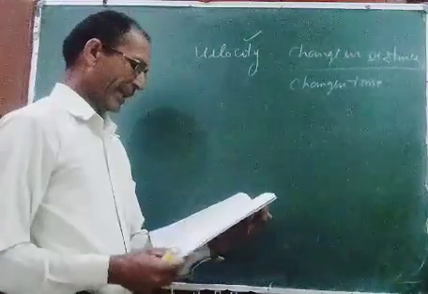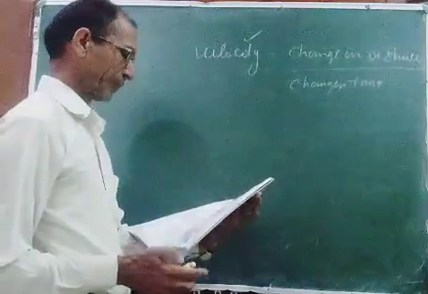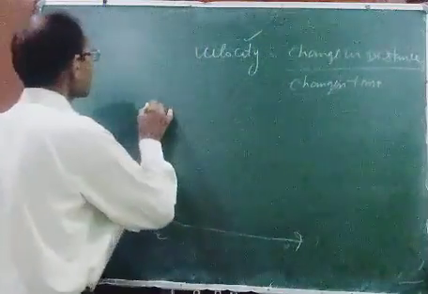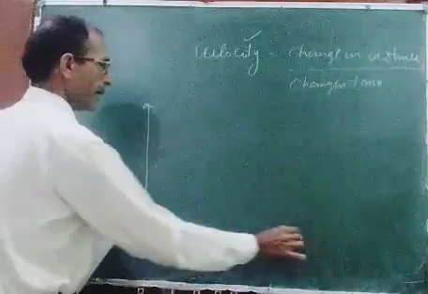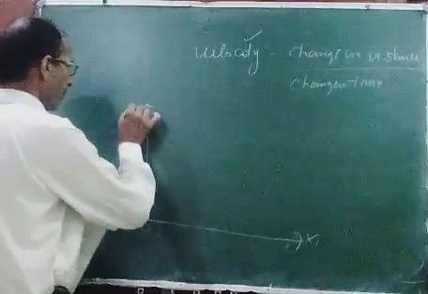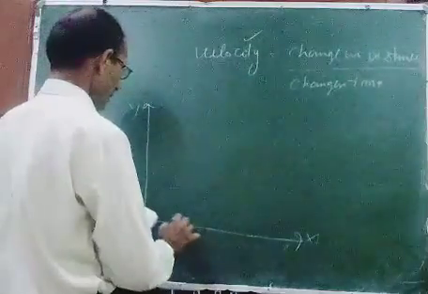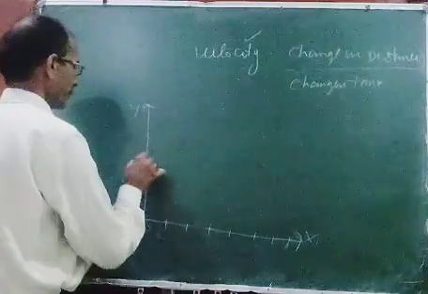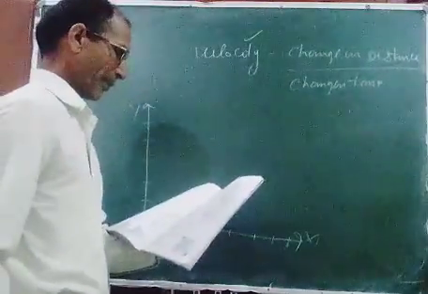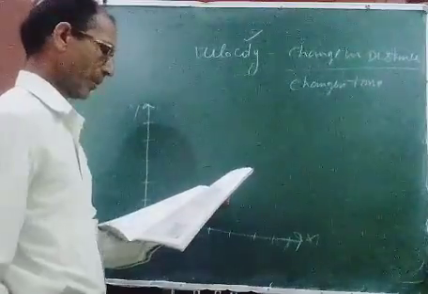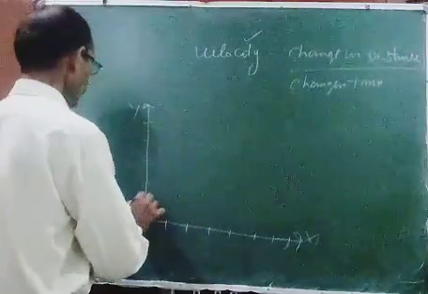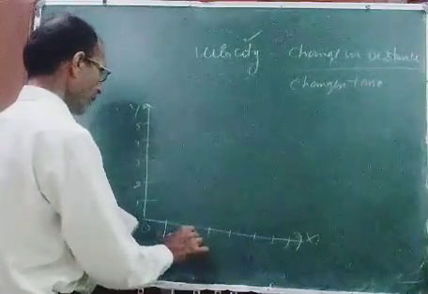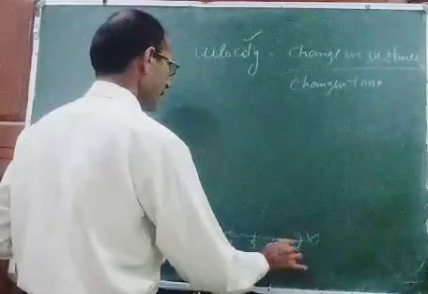So one example I will show to you. This is your graph paper. By this example you will understand easily. X, O, Y, O axis. 1, 2, A is 2, 1, 2, 3, 4, 5, 1, 2, 3, 4, 5, 6, 7, like this.